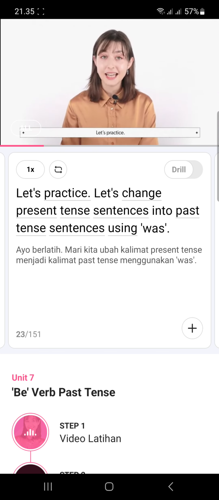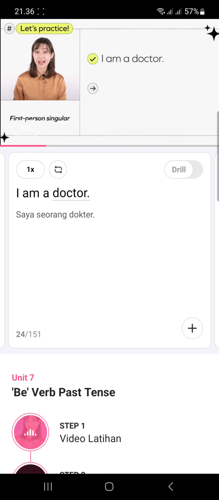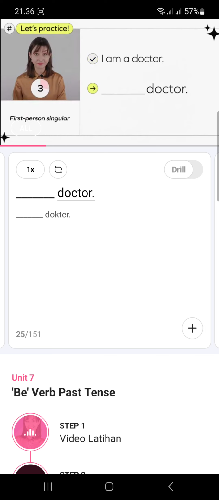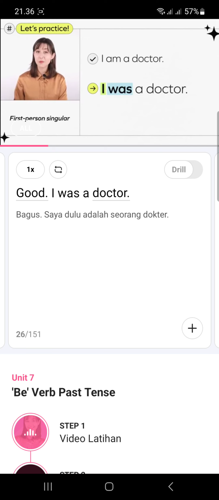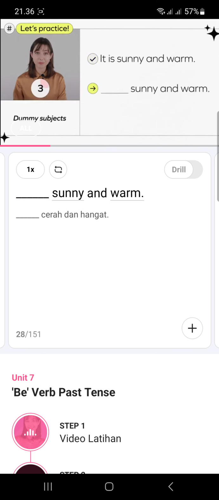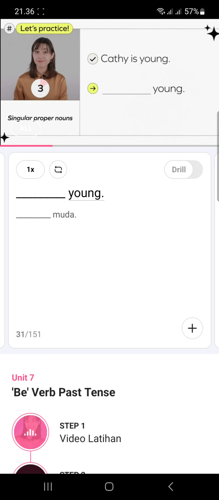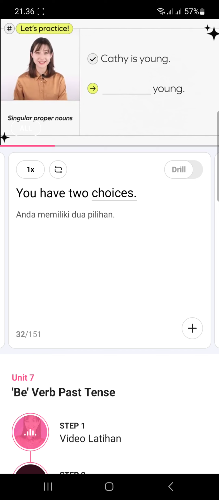Let's practice. Let's change present tense sentences into past tense sentences using was. I am a doctor. Good. I was a doctor. It is sunny and warm. Perfect. It was sunny and warm. Kathy is young. You have two choices.